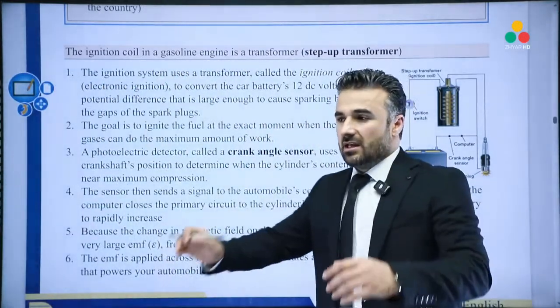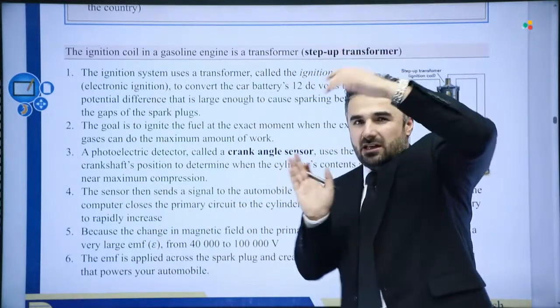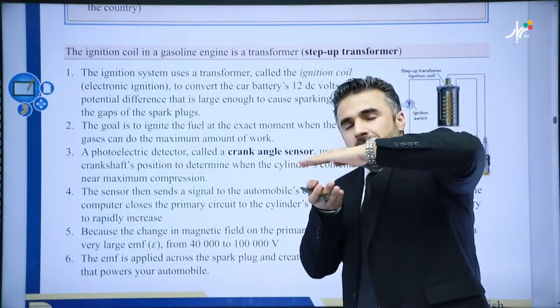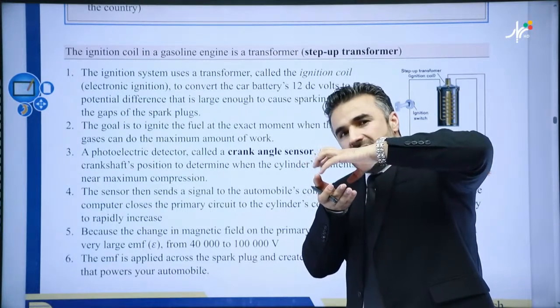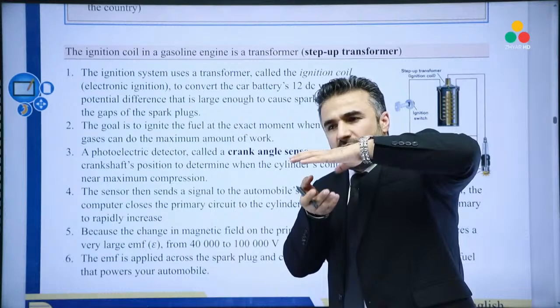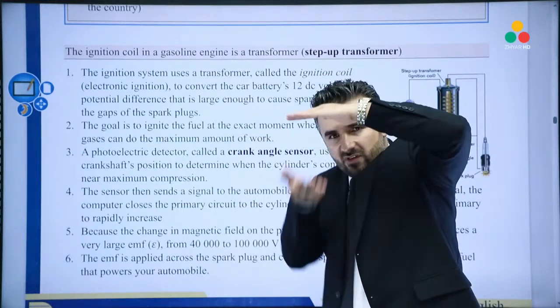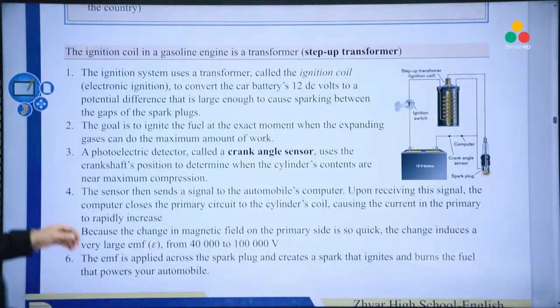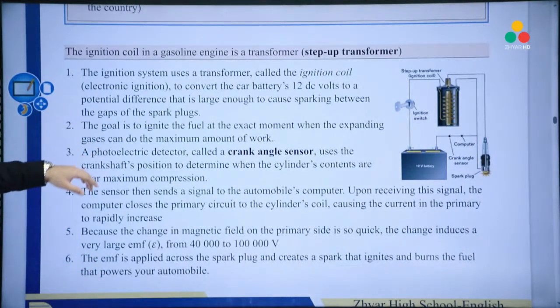When the piston is moving upward and compresses the gas. Right at this point, if there's a spark, the oxygen and the fuel ignite, and it can move the cylinder downward with maximum torque. So that is basically what we have.